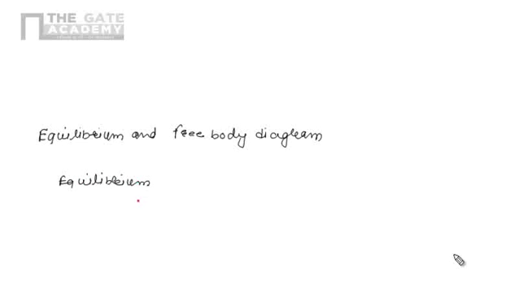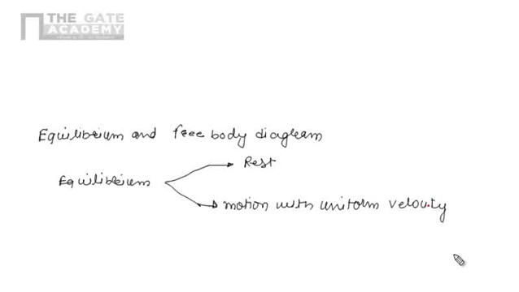So now the question is, when can we say that the body is in equilibrium? By identifying the state of the body, we can say that the body is in equilibrium if the body is at rest or moving with uniform velocity, meaning motion with uniform velocity. In that case, we can say that the body is in equilibrium.